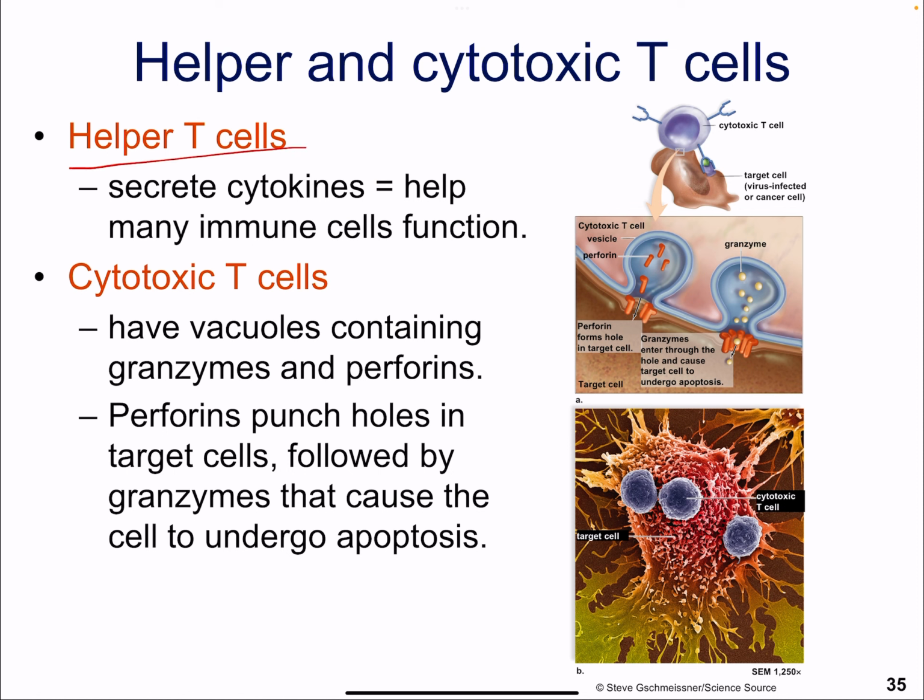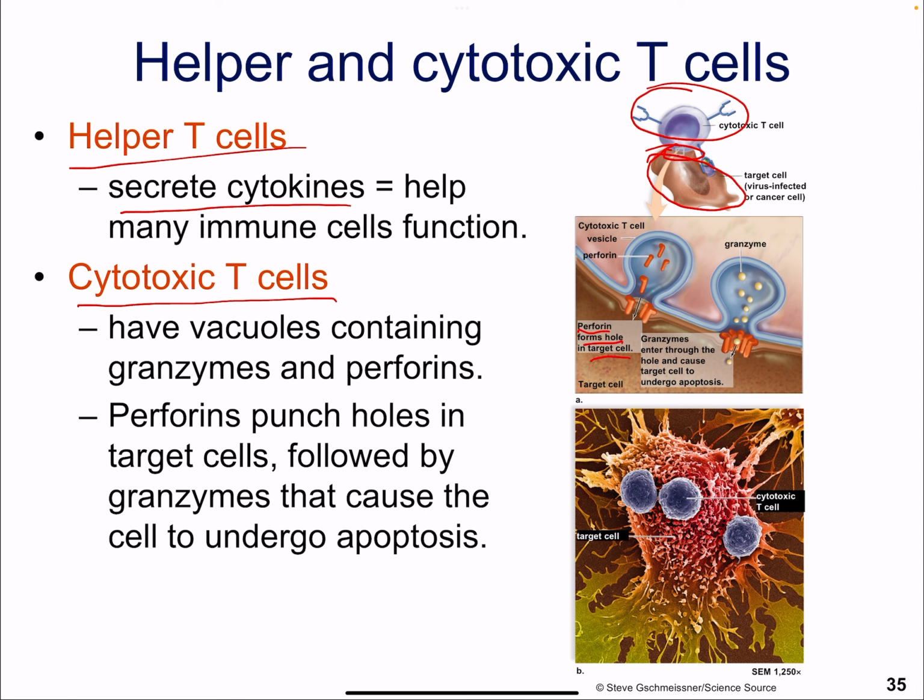Now, the helper T cells, again, are going to help by producing cytokines, right? And the cytotoxic T cells are going to come in contact with an infected cell. So this is an infected cell, right? And this is a cytotoxic T cell. So the two membranes are going to come closer together. So we're going to have some perforins.